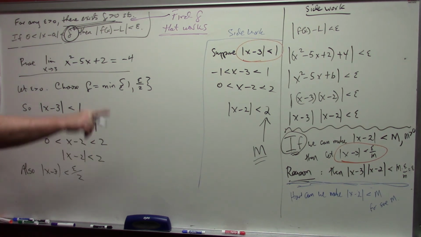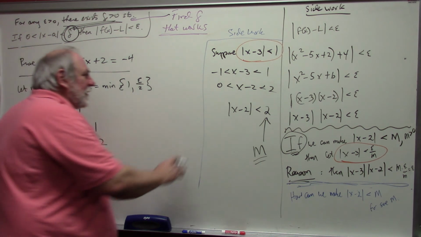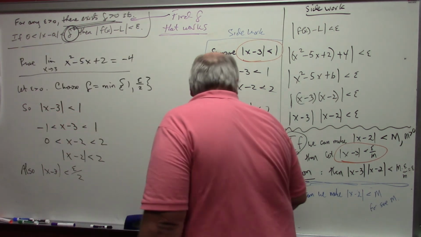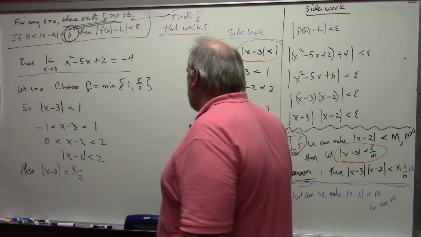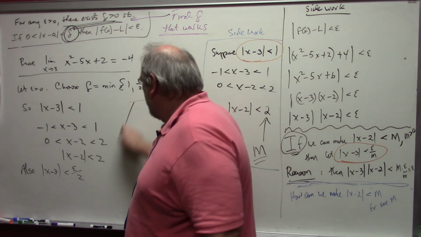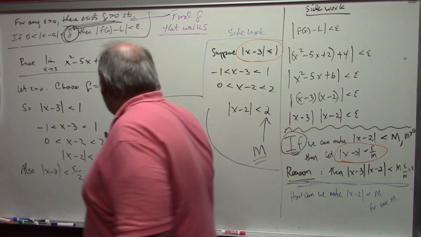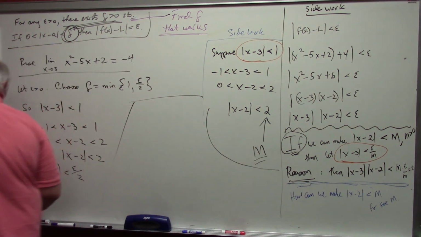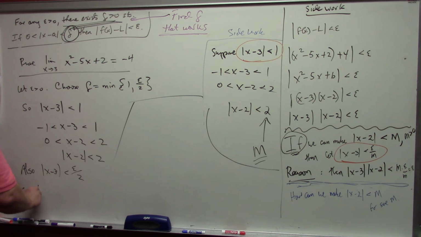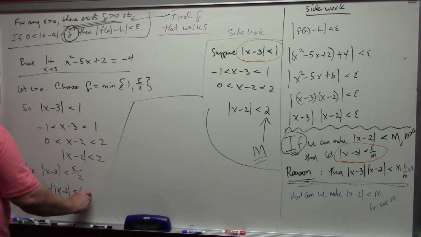And then I do my algebra that I have written over there. Let me kind of cheat here. Use the back. So the absolute value of x minus 3 times the absolute value of x minus 2 is less than epsilon over 2 times 2, which is epsilon.